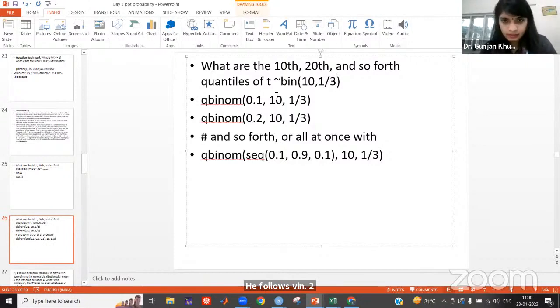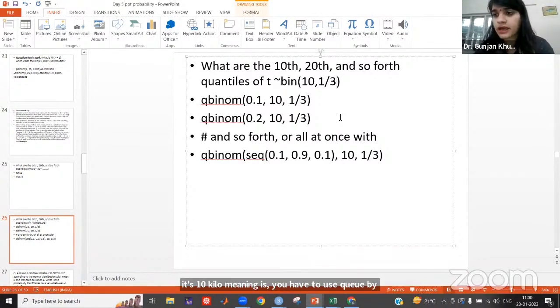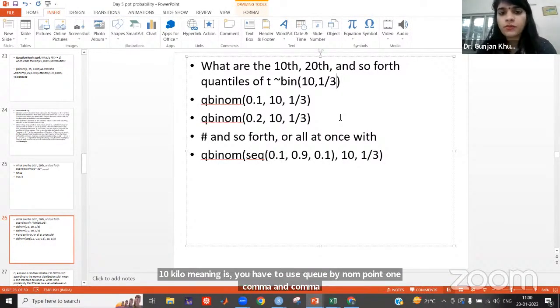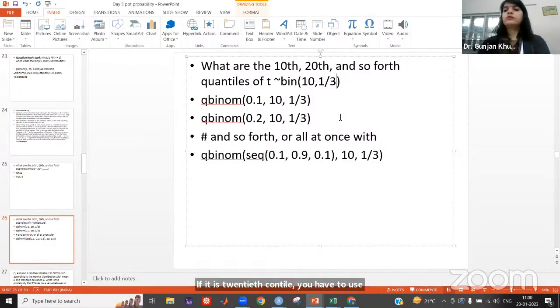So for the 10th quantile, you have to use qbinom 0.1, comma n, comma p. If it is the 20th quantile, you have to use qbinom 0.2, comma 10, comma 1/3.